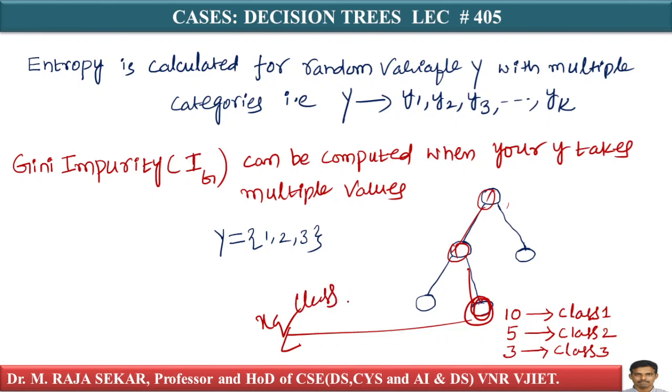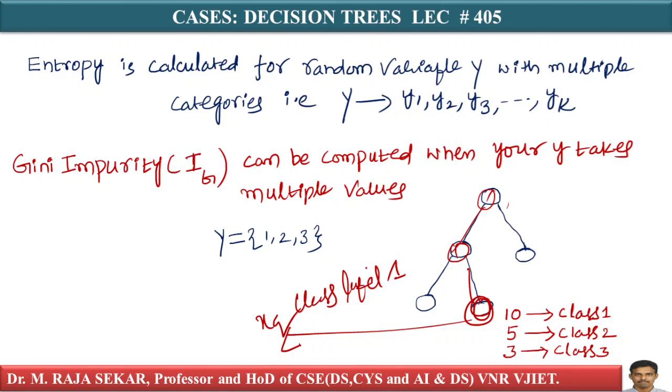What is my class label? Class label is 1. What is the reason? Because the majority of the points belong to class label 1. So doing multi-class classification is straightforward. You don't have to do one versus rest.